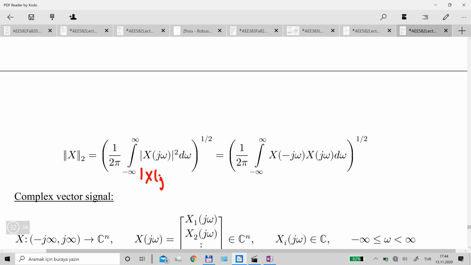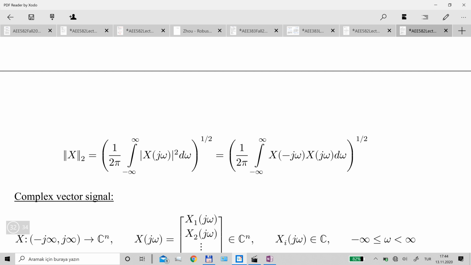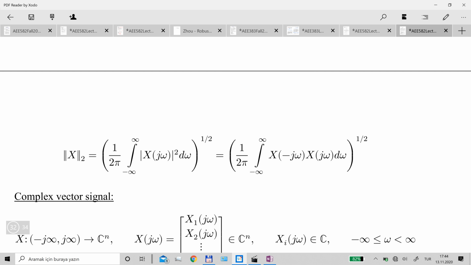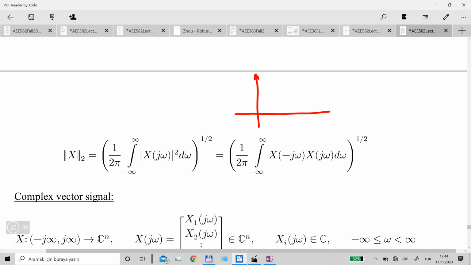And the complex number has two components, a real component and an imaginary component. So what you're doing is you have something like this, sigma times j times omega, something like that. And instead of taking the square of that directly, we take the length of that number. So your number is somewhere here.